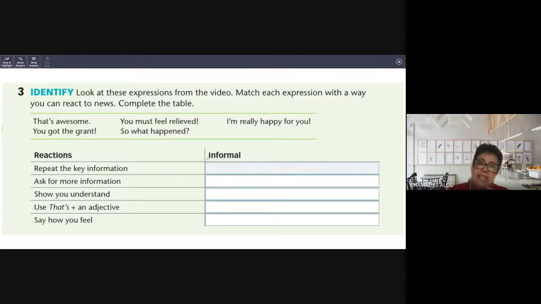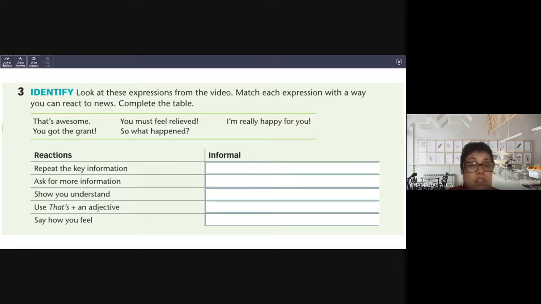And let's see how we can use these expressions, okay? And here we have the reactions. So the first one here, repeat the key information. The next one, ask for more information.